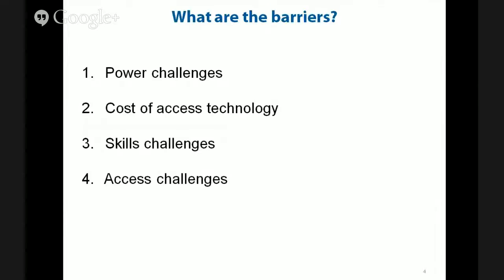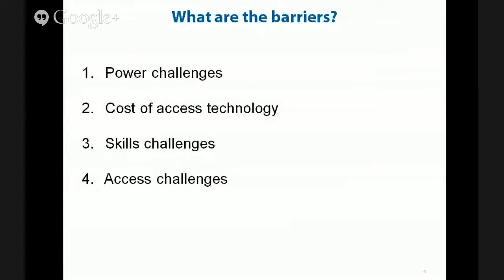It is a very big barrier as most rural areas are not served by the power grid. Either they don't have power or they have poor uptime for electricity, and they don't have proper power transmission connectivity. Around 95% of the people who live in unserved cellular coverage areas are mostly without a power grid.